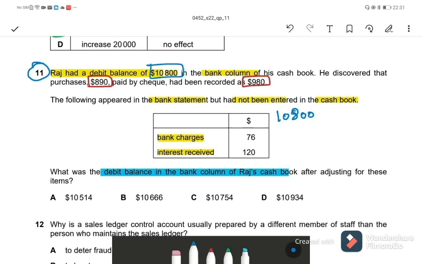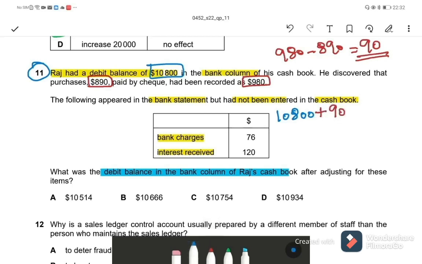So actually they paid 890, but in the record they put 980. So what is the difference? 980 minus 890 is equal to 90 extra they deducted here. So we have to add it back. We add back this 90.